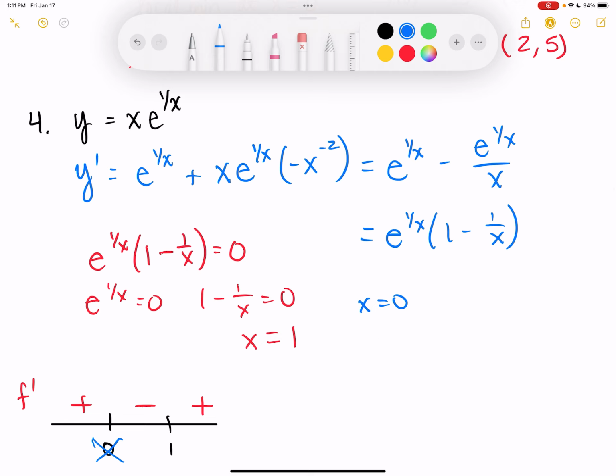Yes, I have a min at x equals 1. F of 1 is what? So if I plug in 1 to the original, what do I get? E. Yes. So the min occurs at 1, e.